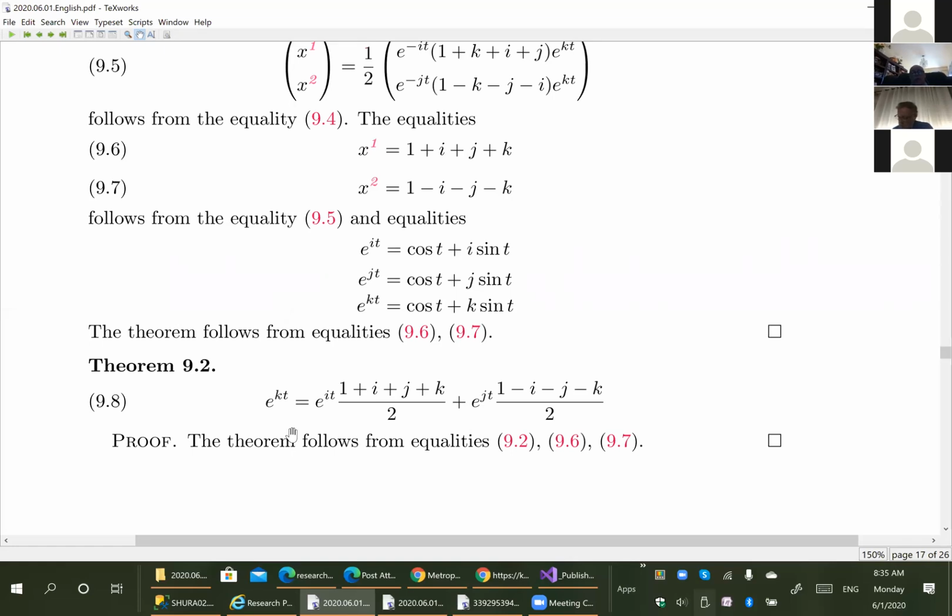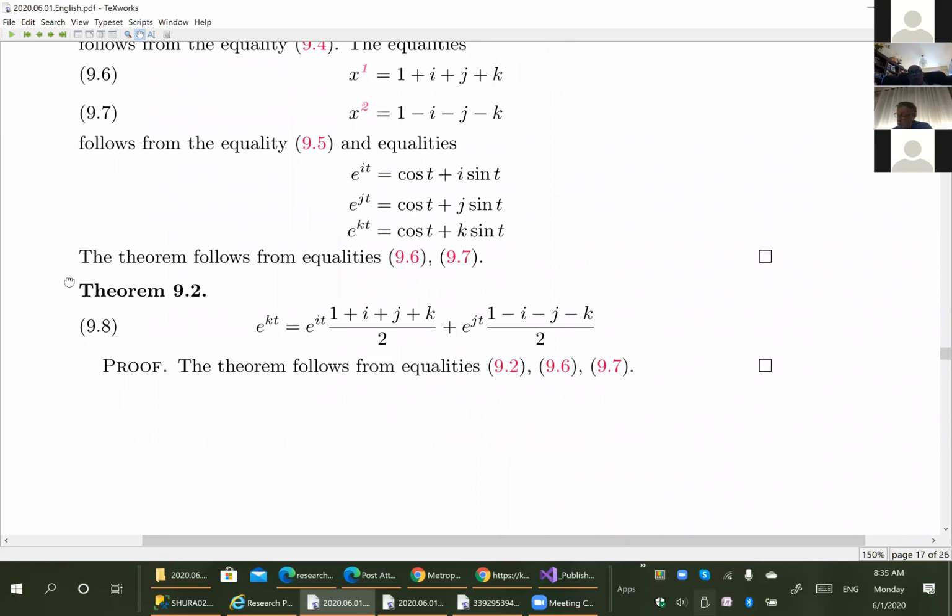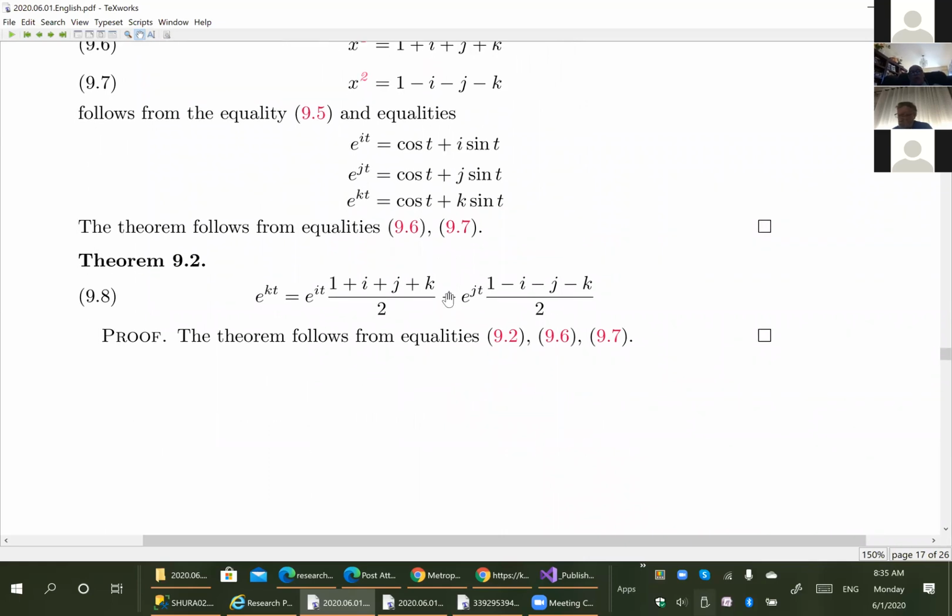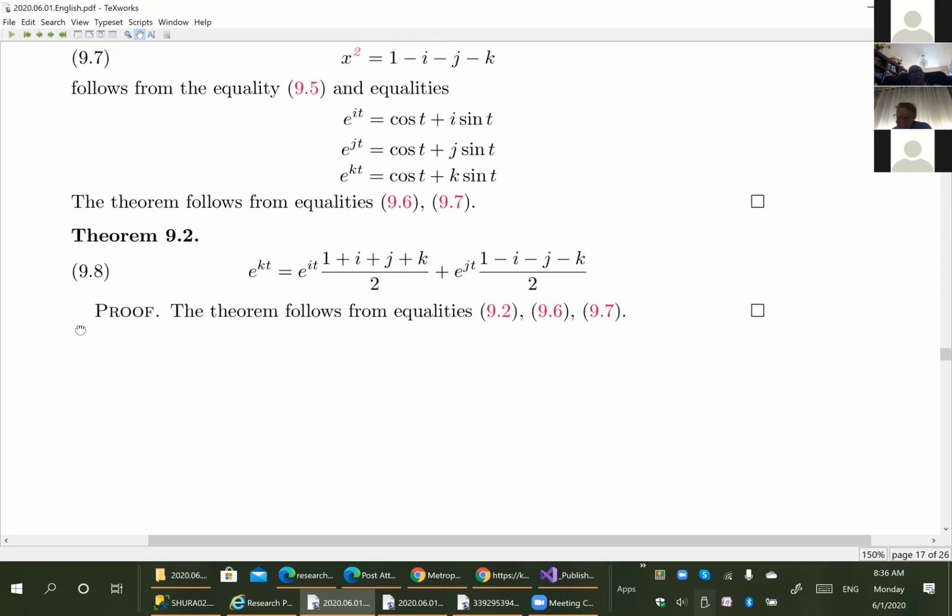Here it is a little different, because I still have a sum of exponents, and in the exponent I have their product. Probably it has some relation to Lie algebras, but I need to learn more. It's a very interesting issue. Also it's easy to see that the same expression with exponent it can be expressed through exponent of kt and exponent of jt, so this solution works in a circle: I can change all exponents and the equality will hold.